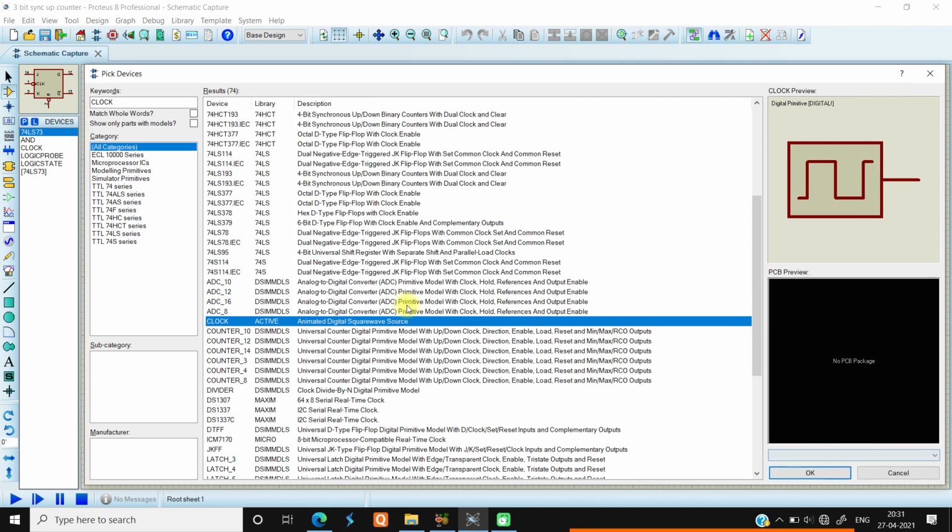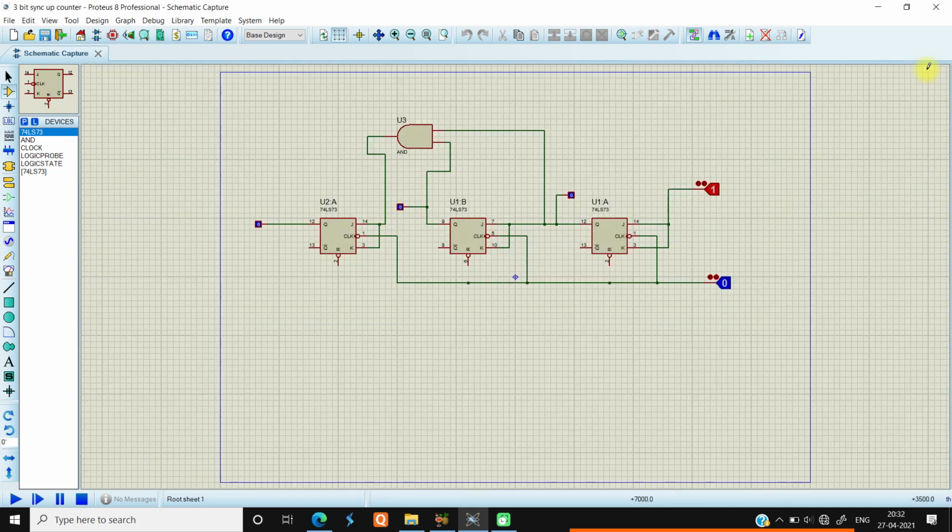So we can take that also, and we need to have logic state for visually seeing the output of the logic states. So the logic state is going to be the component for that, and the logic probe is going to give either 0 or 1 as inputs. So the logic probe and the logic states are going to be very essential for this particular simulation.